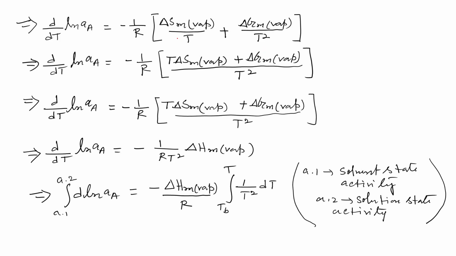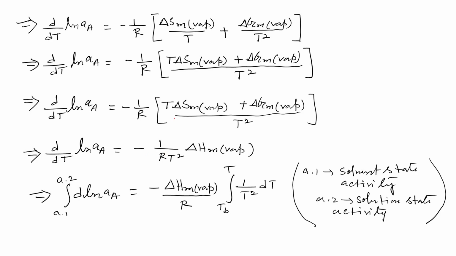So what will happen? This T square divided by T, that means T delta Sm vaporization plus delta Gm vaporization divided by T square. Once again the same line has come, d/dT of ln activity of A is minus 1 by R, the same thing.